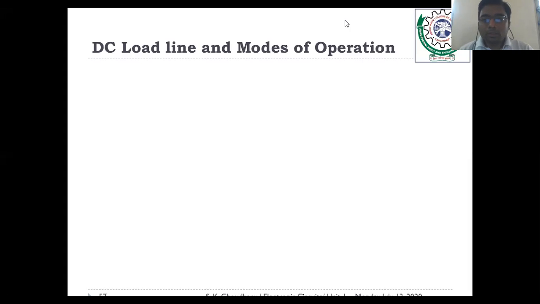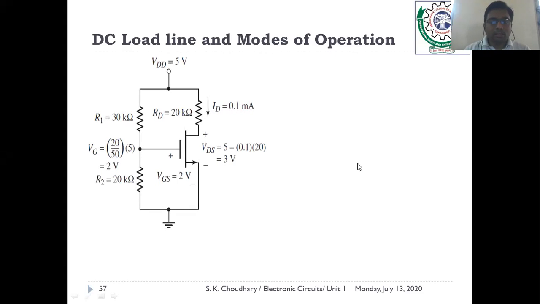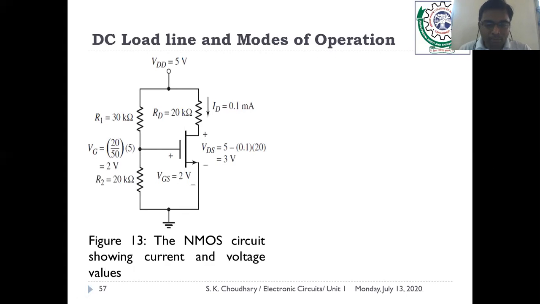Here, to see this topic, we have to use this circuit diagram that is the same as the common source circuit. We have already seen this circuit diagram in the last lecture; this is the DC equivalent of the NMOS common source circuit.